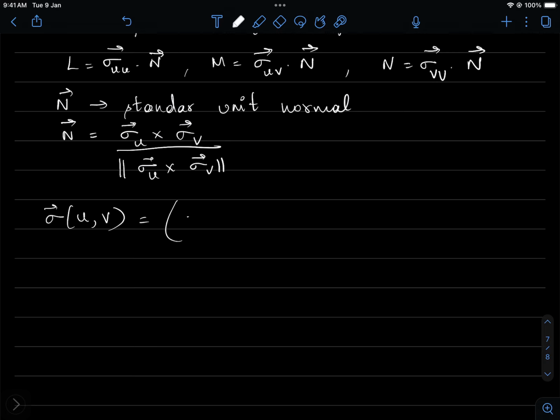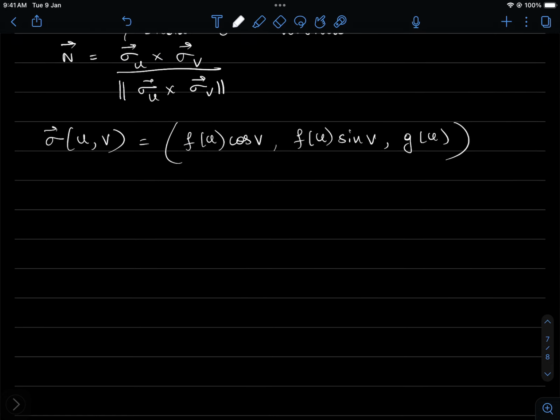This is f of u cos v, f of u sin v, g of u. From this we can find sigma u. What is sigma u? It is f dot u cos v, f dot u sin v, and g dot u.